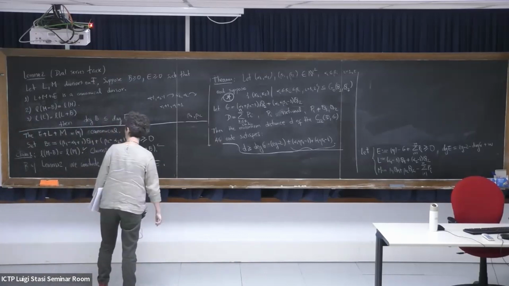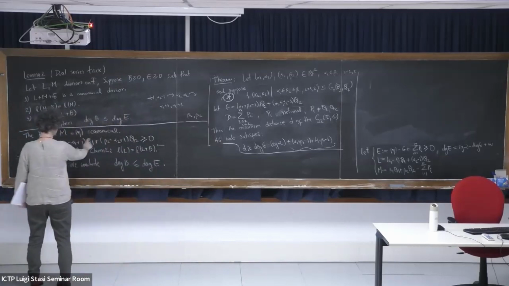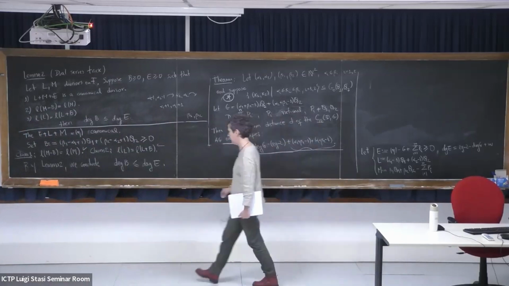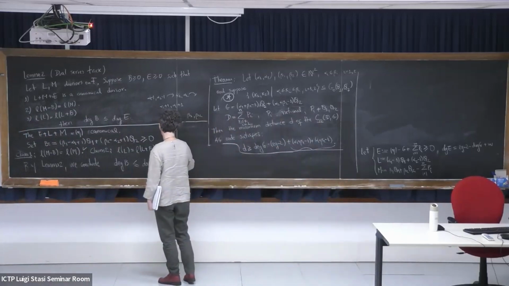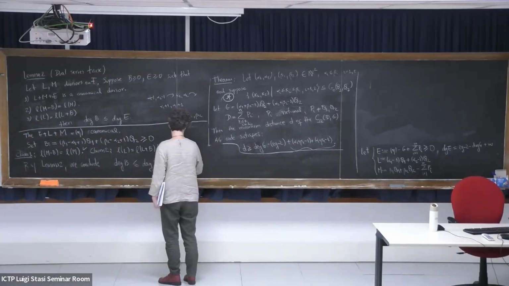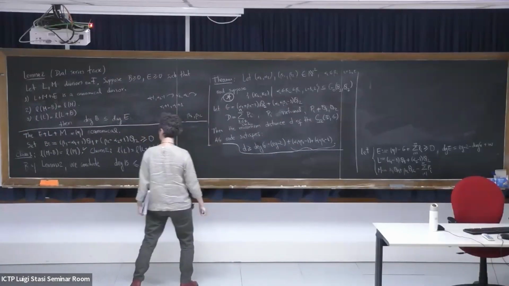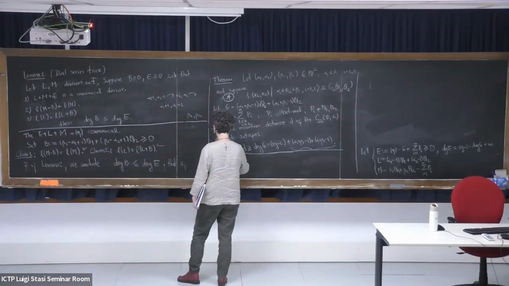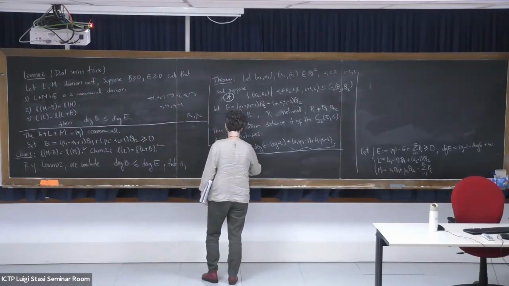Now we just need to do the computation. So the degree of B is this. It is just beta 1 minus alpha 1 plus 1 plus beta 2 minus alpha 2 plus 1.